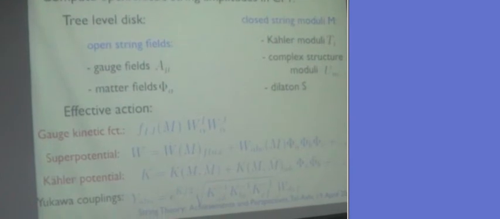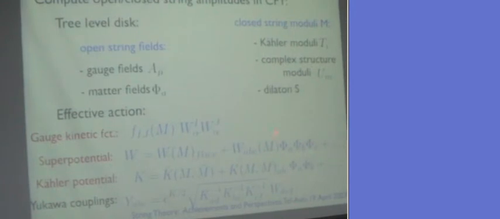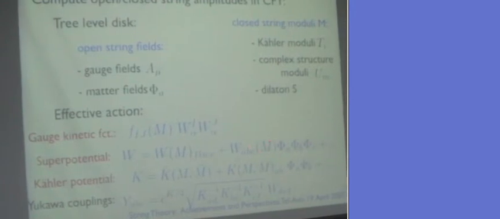So I show you here some of the building blocks of the N=1 supergravity effective action. Namely, first you have the kinetic energy for the gauge fields multiplied by a function of the moduli, which is a gauge kinetic function. Then you have a perturbative tree-level superpotential, which is cubic in the matter fields in general, again with a moduli-dependent function in front of it.